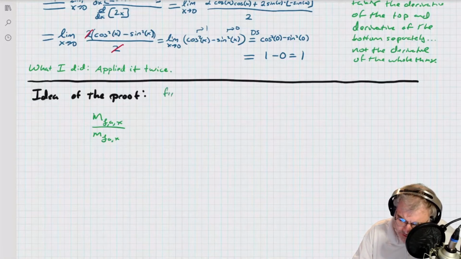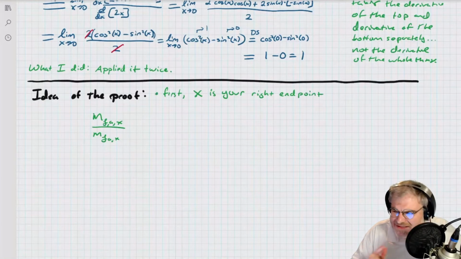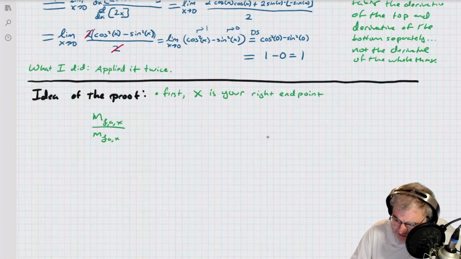First, x is your right endpoint. Okay? That's the first weird thing. So what I'm doing here is, this should be a g.